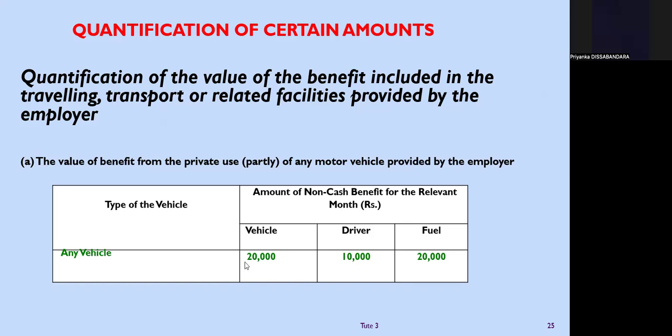So if we receive a vehicle from our employer, we consider only 20,000. If we have been given a vehicle only, then 20,000. If we are given vehicle plus driver, then 20,000 plus 10,000. If we are given vehicle plus driver plus fuel, then 20,000 plus 10,000 plus 20,000. That means 50,000 to be considered as a vehicle benefit.